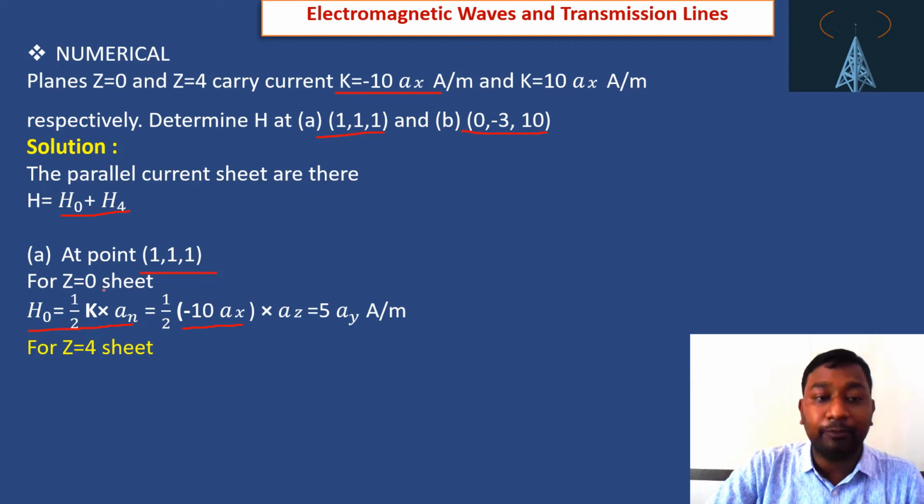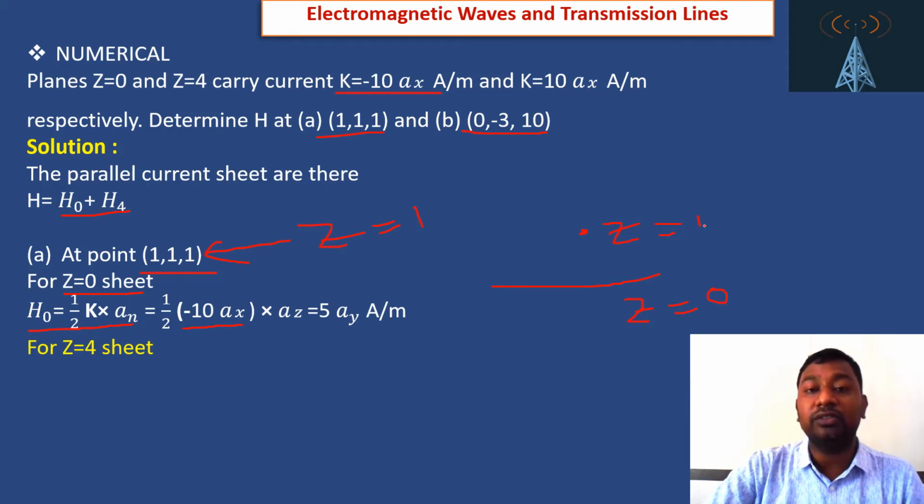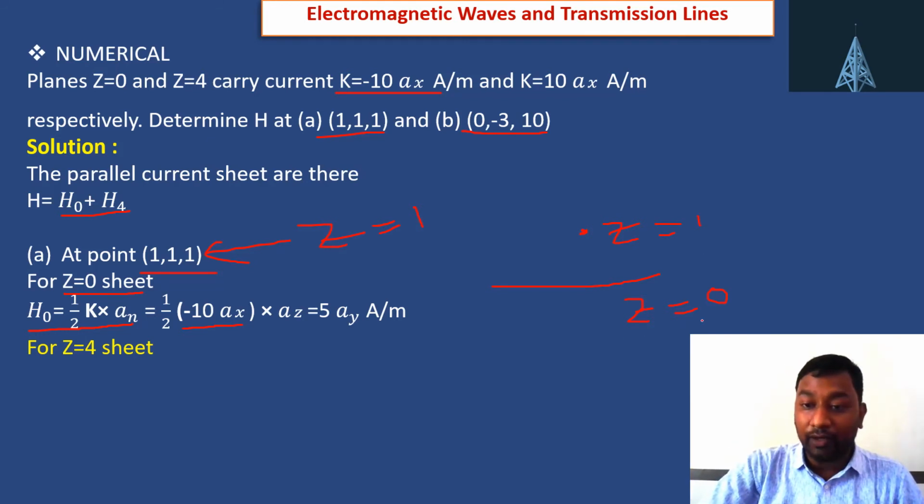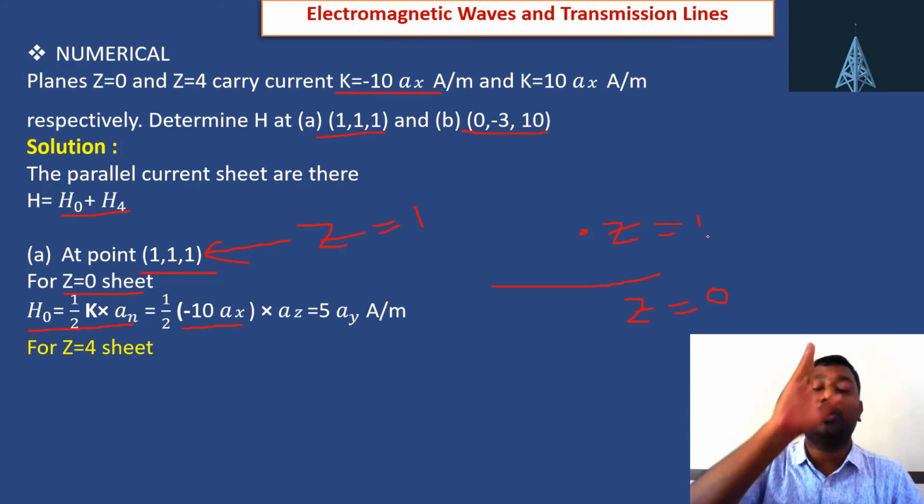Now what is the a z value? From this part we can find the z value of the point, which is 1. For the z equals 0 sheet, the point is at z equals 1. If you consider this one is 0 and this one is 1, you are on the ground floor; if you want to see the first floor, you should look in the forward direction.